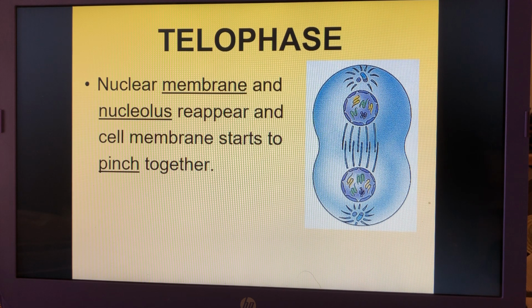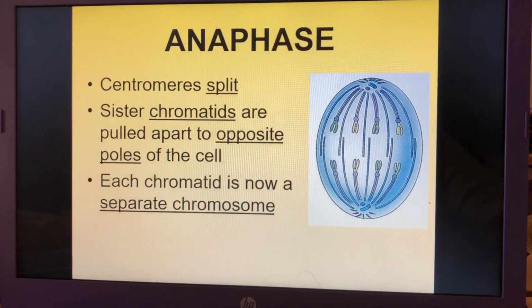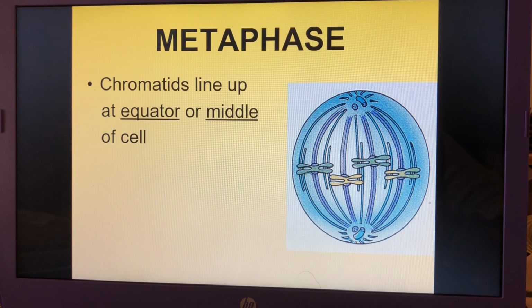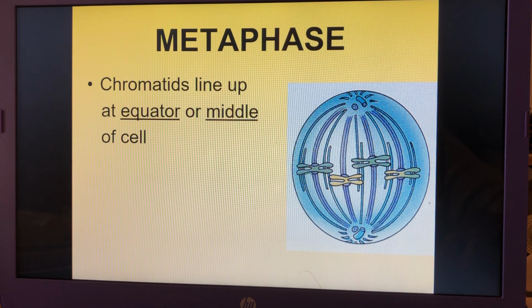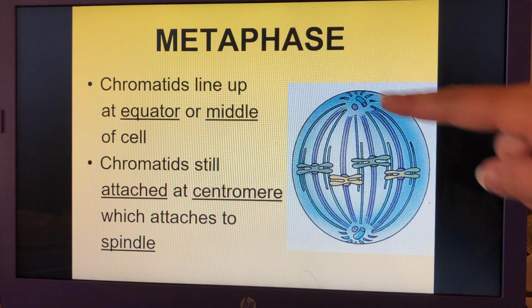Then the second phase we said was mitosis. Metaphase, I'm sorry. Chromosomes line up in the middle. We'll go back to that. They line up in the middle right here. And the centromeres move to opposite sides.